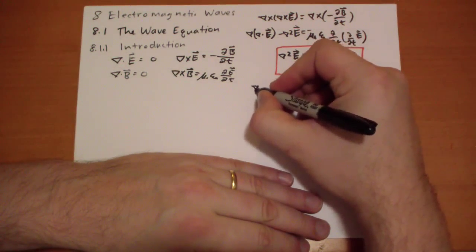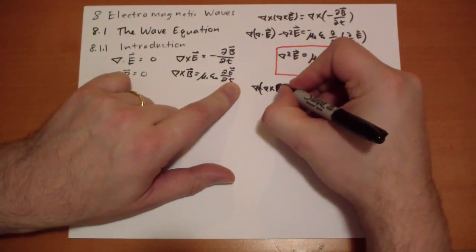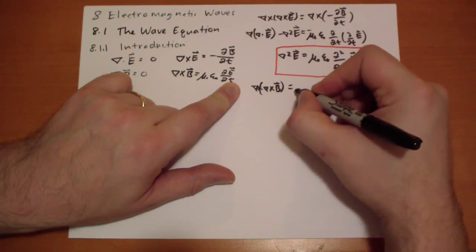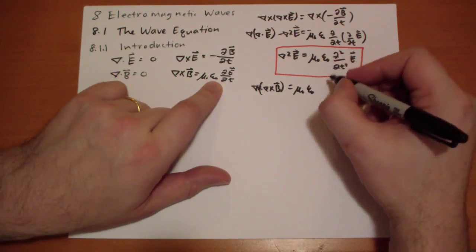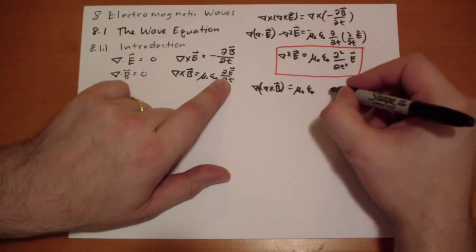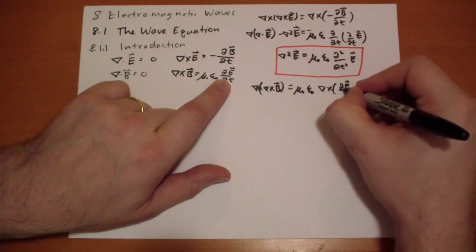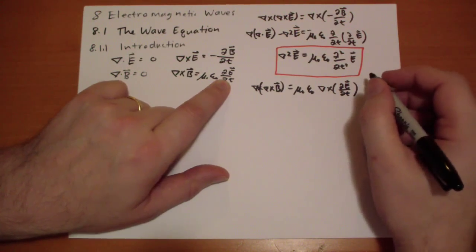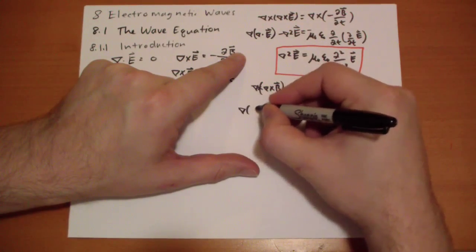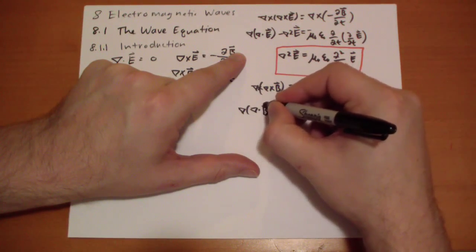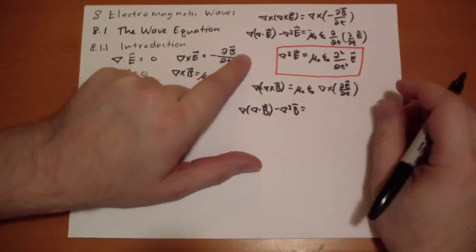For the B vector, we can do the same thing. So we take the curl of this equation. The curl of the curl of B is equal to mu naught epsilon naught times the time derivative of the curl of E. Once again, the curl of a curl is the gradient of the divergence minus the Laplacian of the vector.